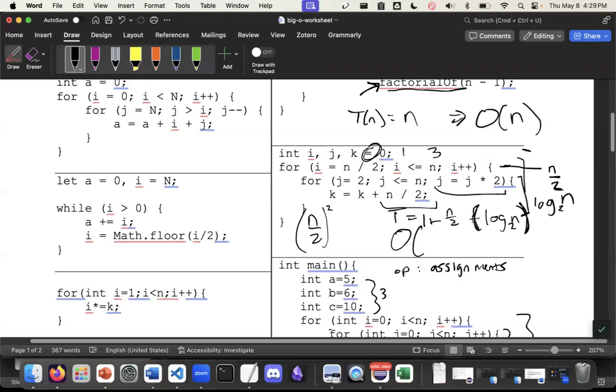And so what happens here is we get rid of the constants. So the biggest term is n over 2 times log base 2 of n. So we get rid of the constants, so that takes care of the 1/2. So we just write n. Then we get rid of the log base, and so we just write log n. And that says that this one is n log n.